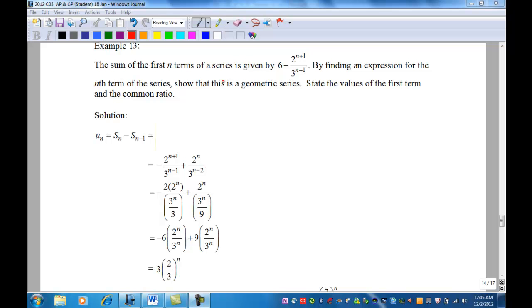In example 13, we have yet another example to discuss how we can prove that a series is a geometric series.